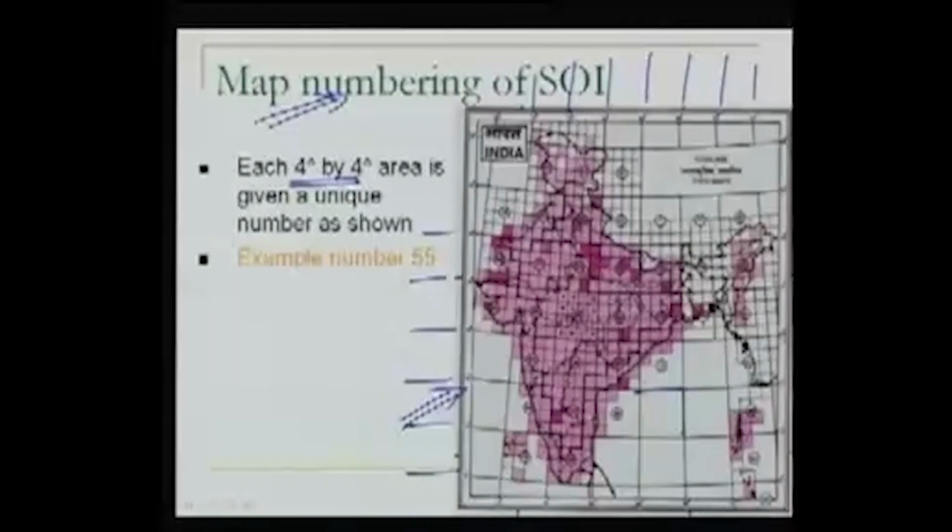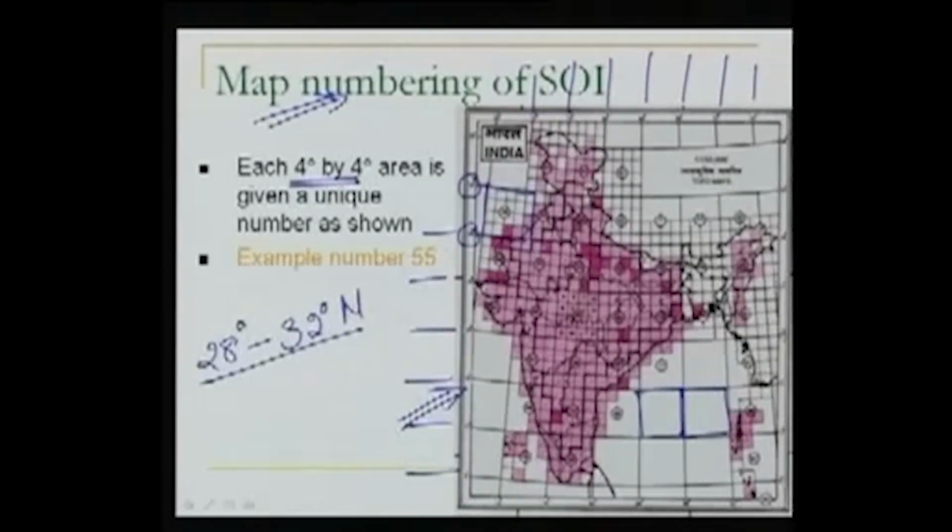Now we can see those blocks here. For example, this is one block, this is another block, and all these blocks are 4 degree by 4 degree. What Survey of India has done, they have given these blocks some numbers. For example, here, this particular block, which extends from, you cannot read it, I will write it, 28 to 32 north.